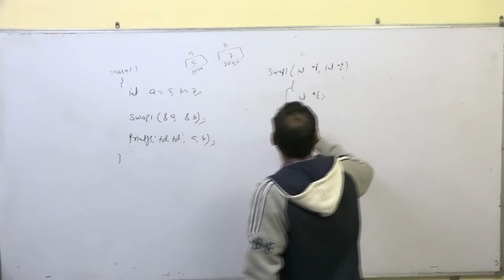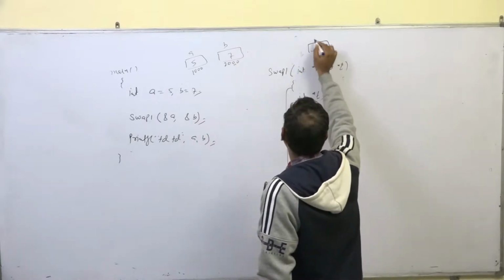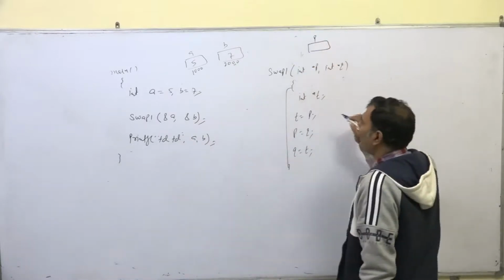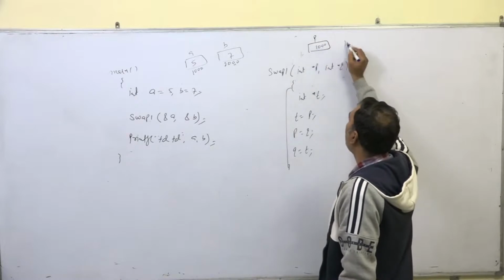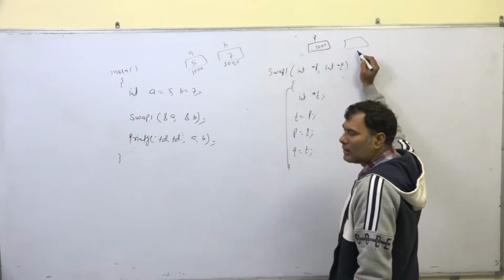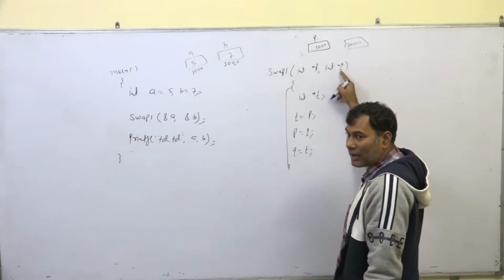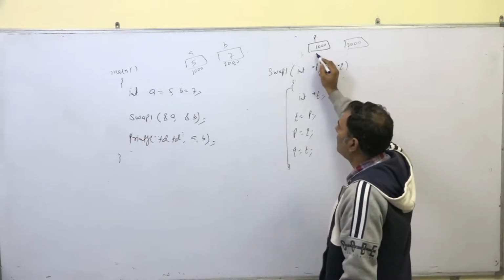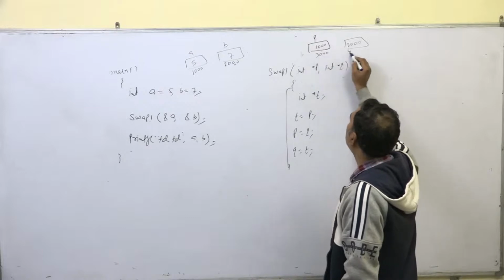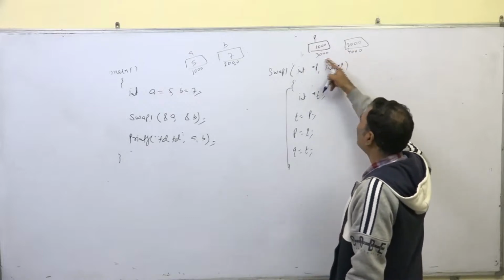When you send the address of A, can P hold it or not? Address of A is 1000, and the address of B is 2000. The parameters must be pointers, otherwise it can give you an error. Let their own addresses be 3000 and 4000.